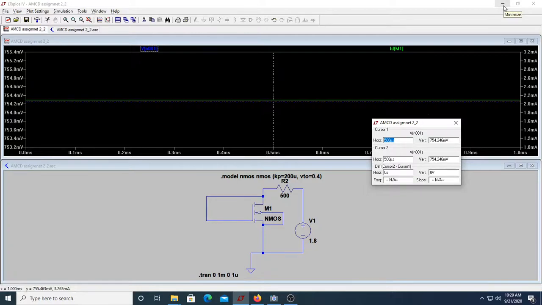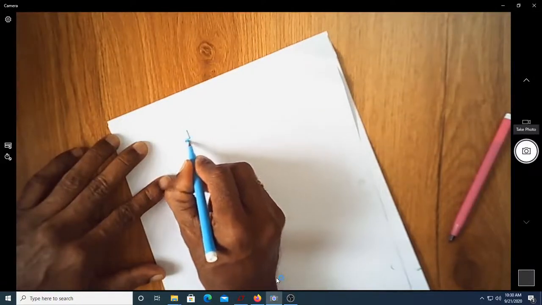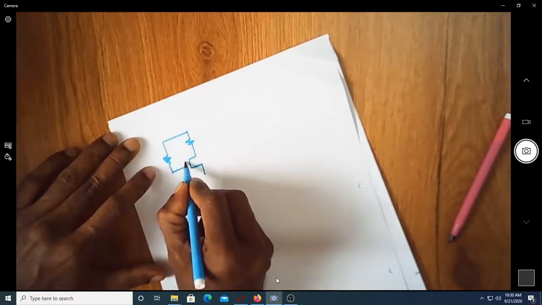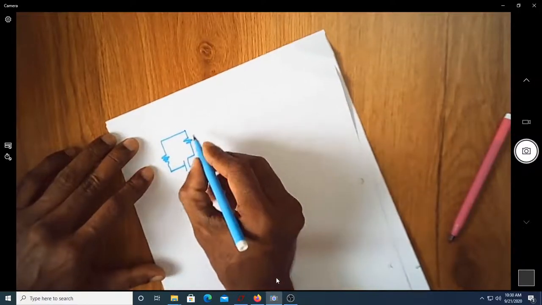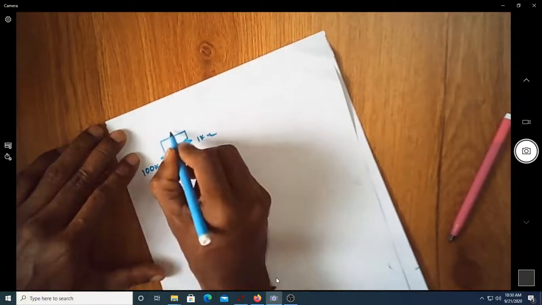So the next problem we have is slightly different. Let me just write the third problem. This is the third problem. This is 1 kilo ohm. This is 100k given.